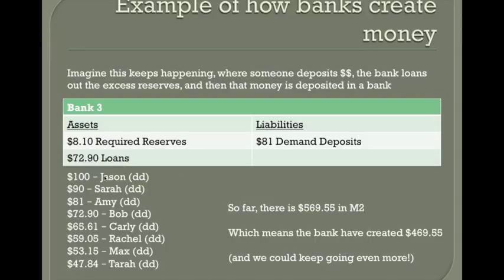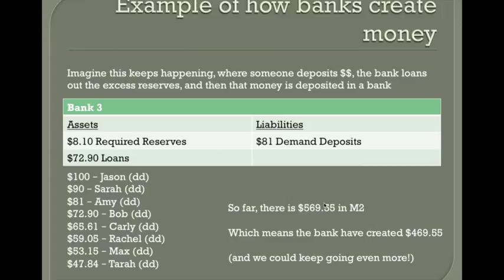We could say the bank then loaned money out to Bob, who deposited that money, and then the bank loaned 90% of that out to Carly, who deposited that money, and then the bank loaned out 90% of that to Rachel, who deposited that money. And if we kept going and going, I've stopped here at Tara at $47.84.